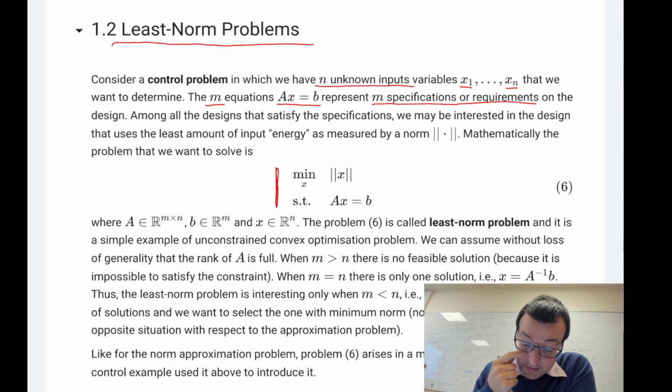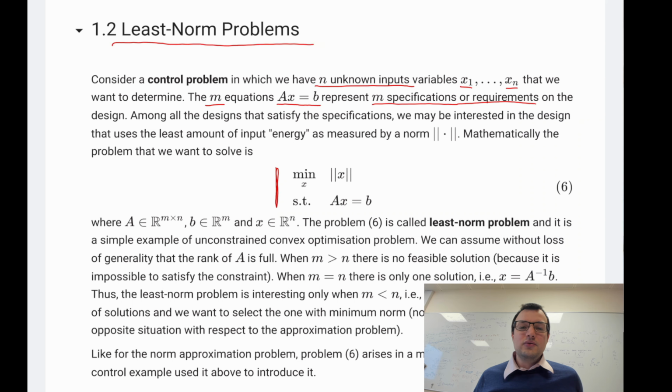This problem is called the least norm problem because we want to minimize the norm of x, and again it's another example of a convex optimization problem. This is not clear now, but it will be very obvious in later lectures. We have some assumptions on A. A is full rank.